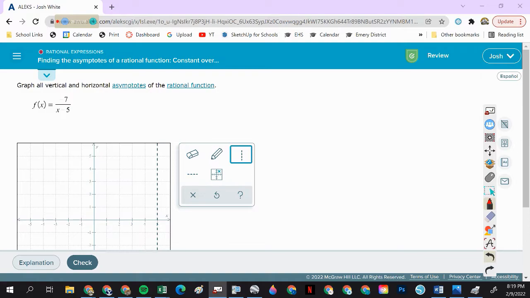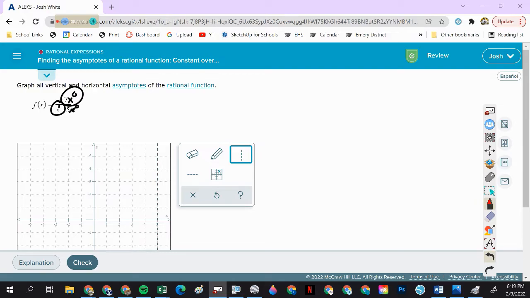So we're going to look at the strength of the polynomial. So the numerator is -7x⁰, and the denominator is x¹ - 5x⁰. And we're only going to worry about the strongest x's. So the strongest x on top is a 0, and the strongest x on bottom is a 1.